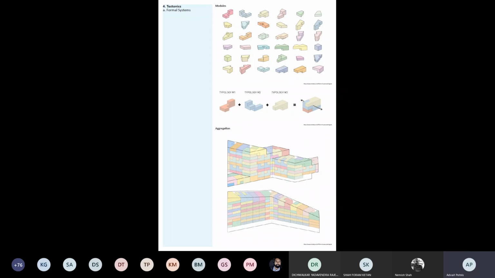You start arranging the modules in a certain way, maybe simple extrusion, or there are more transformations to that, and then you get the shape or the form. So this is just to show you that you have modules and you have aggregation. Again, you can modify this based on the idea of the building, but that is open for interpretation.